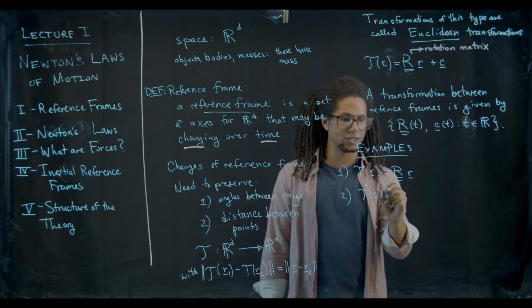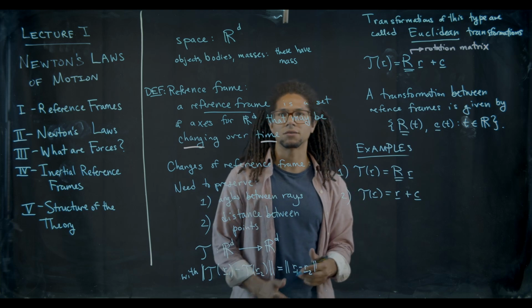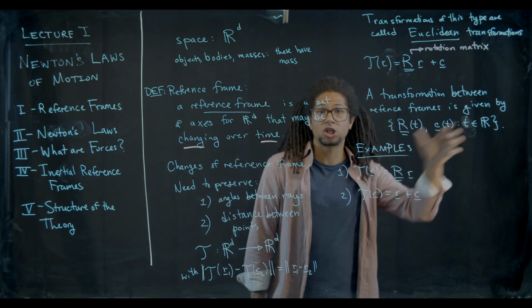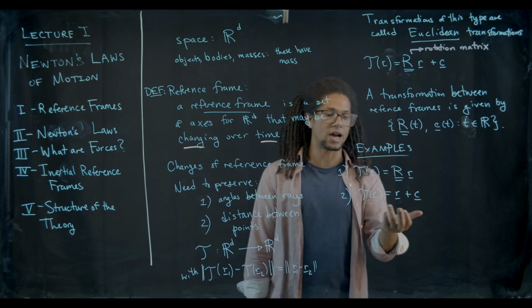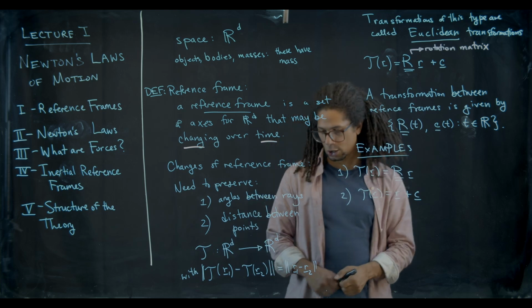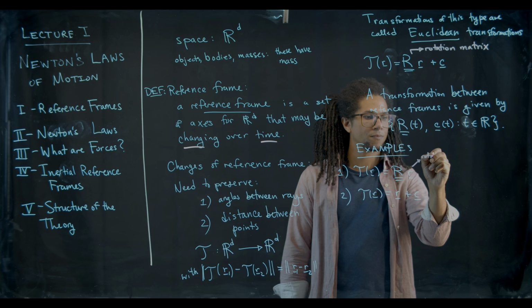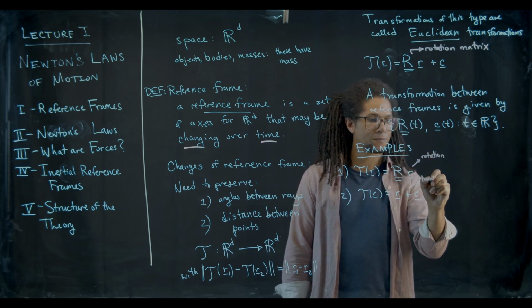Another possibility is, what if we just added C to every vector? Well, this represents all the points in our space just shifting by some constant. So because C is a constant here, it doesn't depend on time. That represents just a translation. So I can write here, this one is rotation. This one is translation.